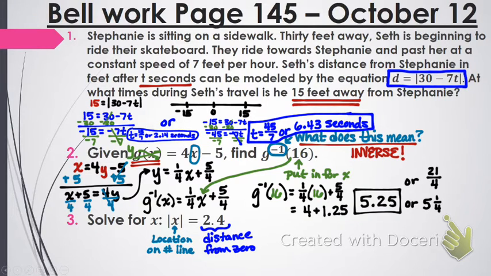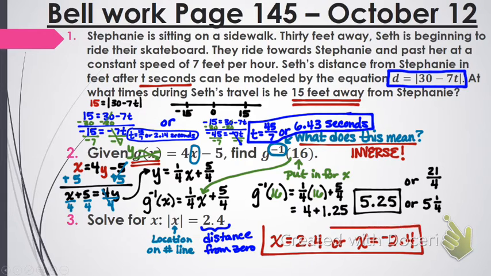Negative 2.4 or positive 2.4. Because I didn't tell you whether I was coming from the left or coming from the right. I just told you how far. So when I'm looking for what's inside the absolute value, I'm looking for the location. And we always have to give all possible locations, which with absolute value is 2 possible locations. So positive 2.4 or negative 2.4.